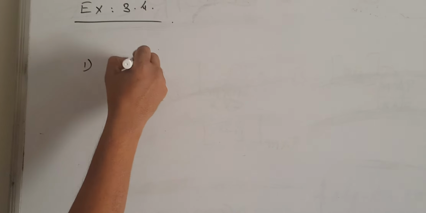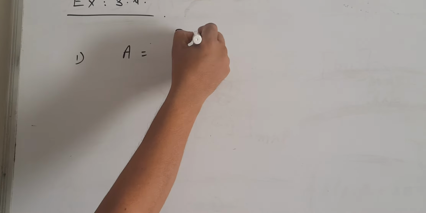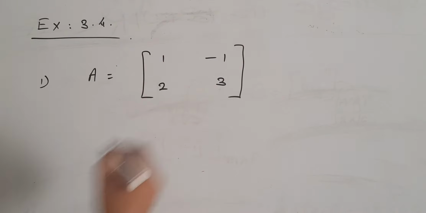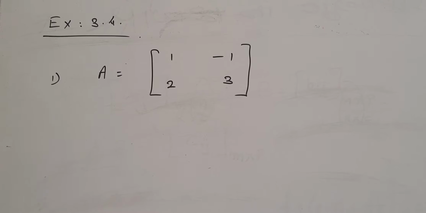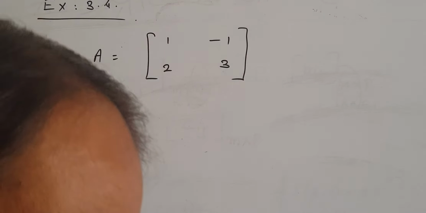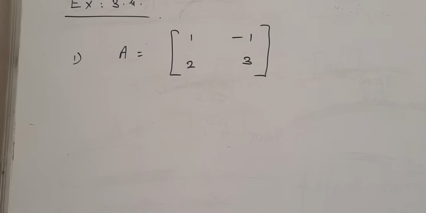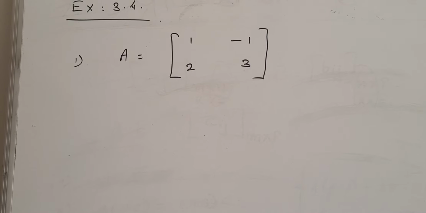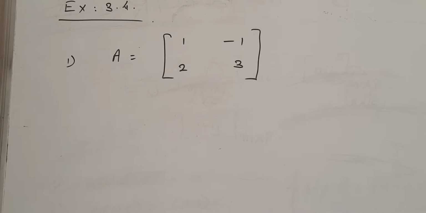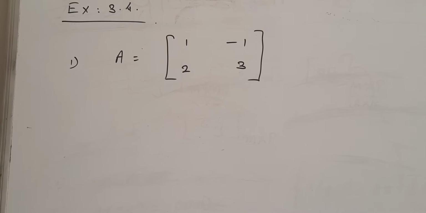See, A is the first sum. A is 1 minus 1, 2, 3. Is that clear? Now, by using elementary operations, we have to find out the inverse of the matrix.